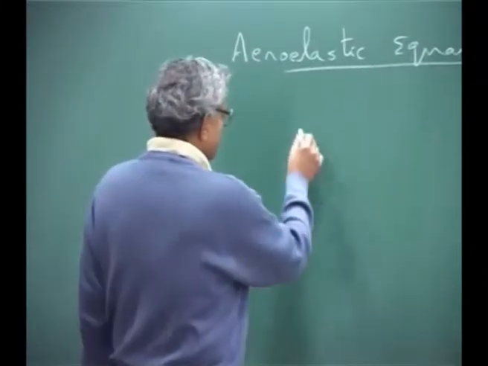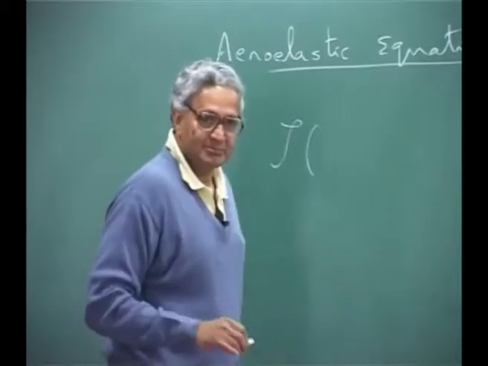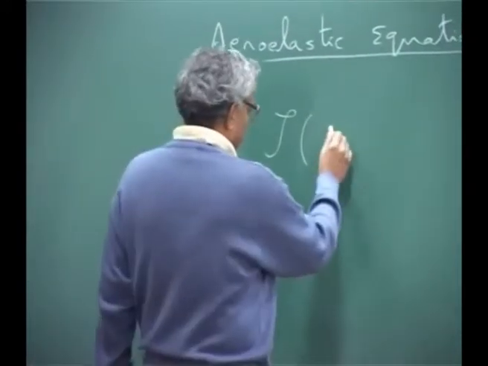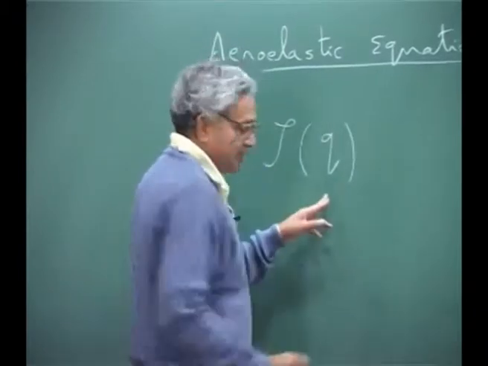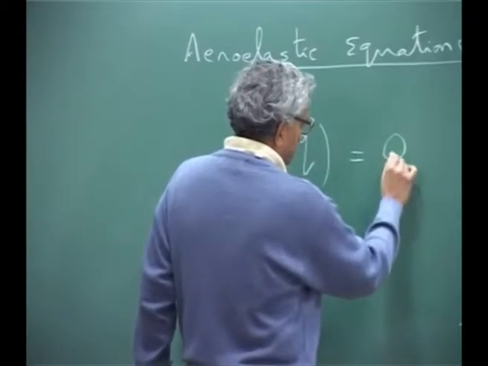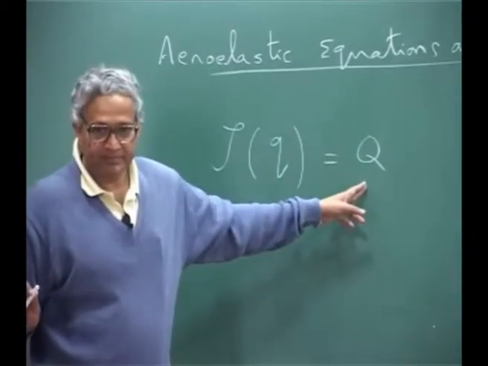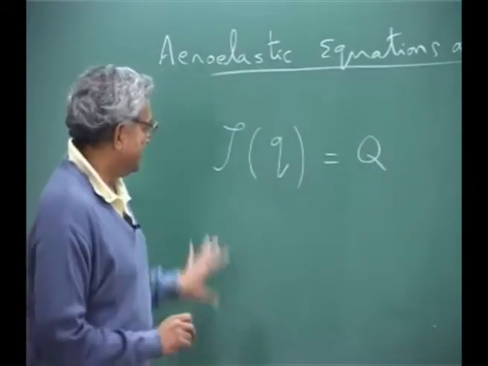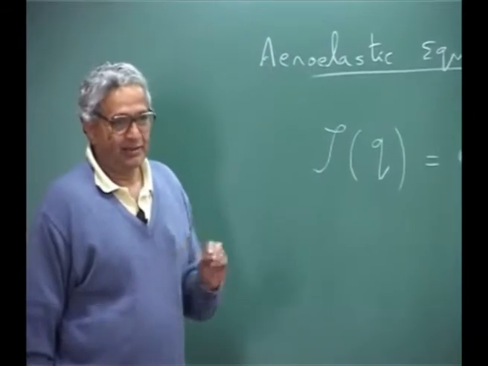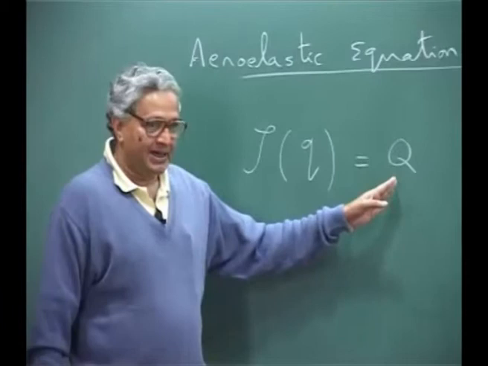In the sense, we will use the structural operator acting on some deformation, which I am going to call, in a general fashion, Q, which is a generalized coordinate. This is going to be the external load, which is a generalized force. This is the form of the aeroelastic equation.